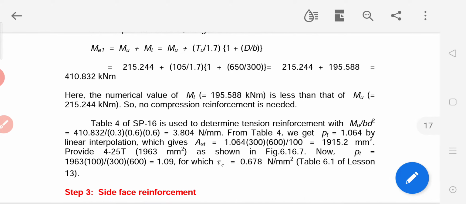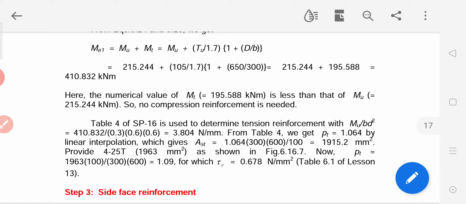Me1 equal to Mu plus Mt, and the Mt formula is Tu upon 1.7, bracket 1 plus capital D upon B. So Me1 equal to Mu, which is 215.244, plus Tu equal to 105 divided by 1.7, bracket 1 plus capital D, which is 650, divided by small b, which is 300.